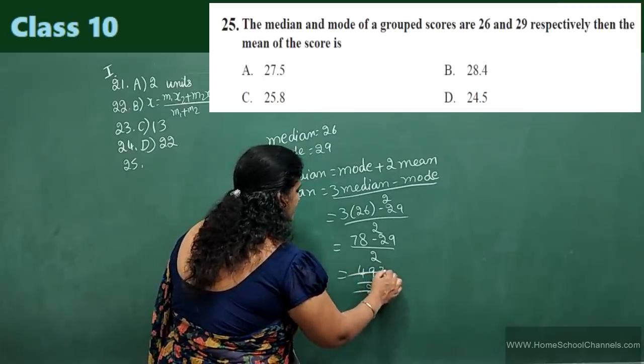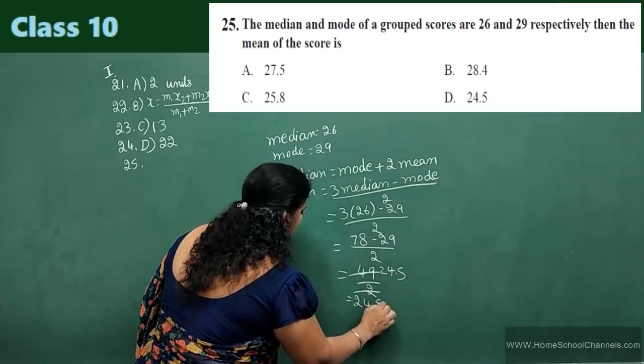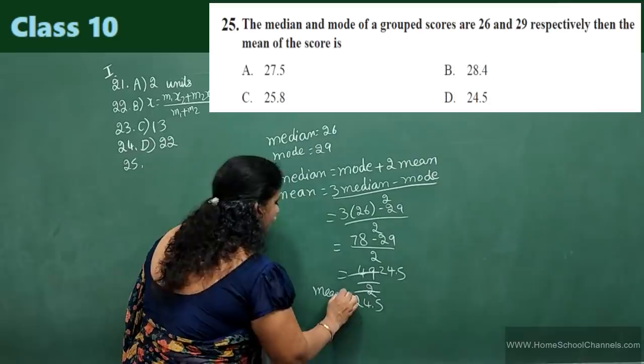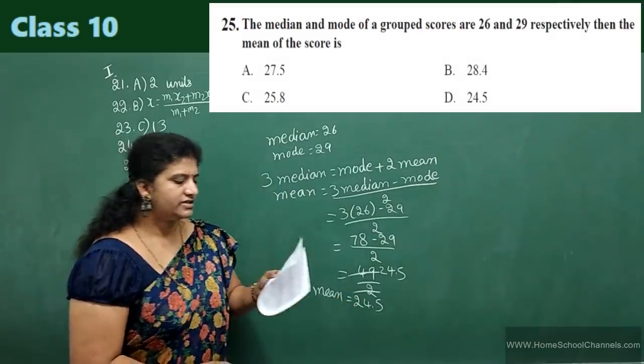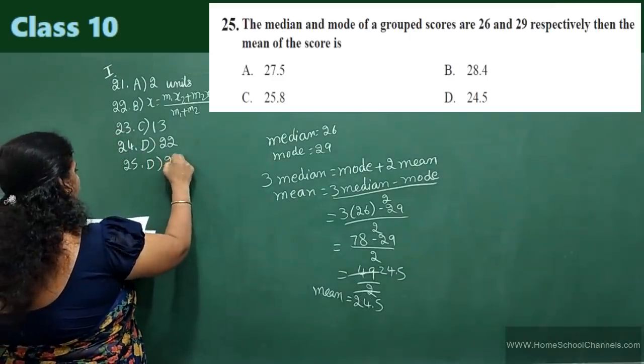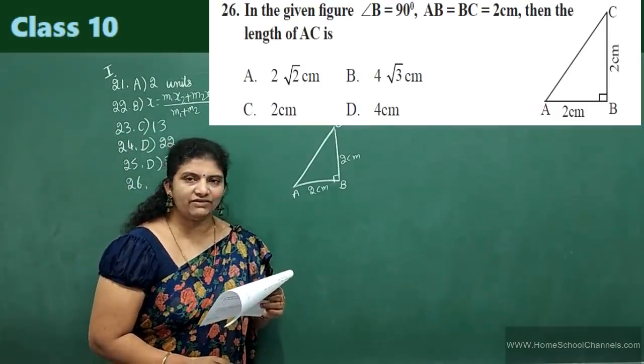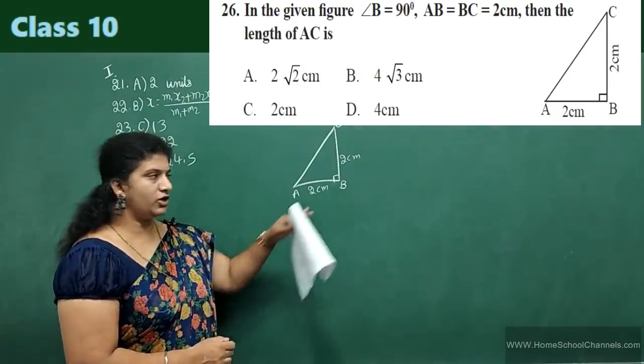Therefore, mean is equal to 24.5 is your answer. Check for the option. Option D, 24.5.